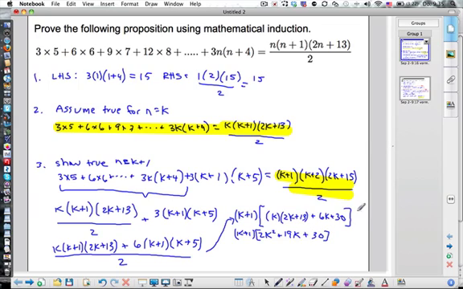All divided by 2. And then the last piece here, if I factor this, I get (k plus 1)(2k plus 15)(k plus 2). Everything divided by 2. And you can see that is the exact same thing right here.